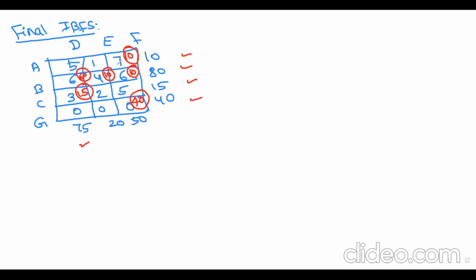A is here 10. Now check it, 10. Okay, column is 75, 20, and while giving we have to see properly. Okay, now the initial basic solution.